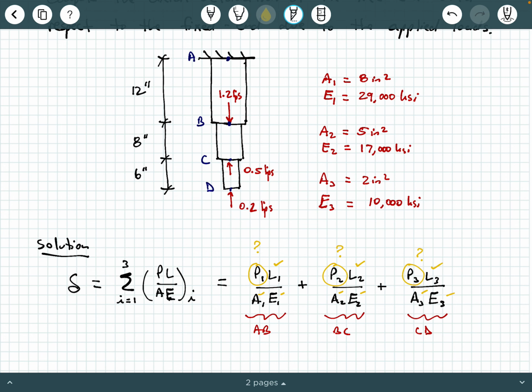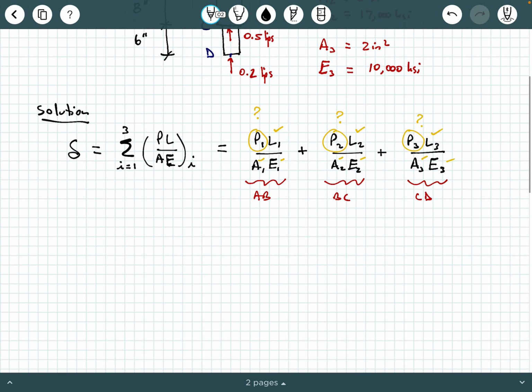That's a fundamental mistake. Remember, the P values are internal axial normal forces, okay?